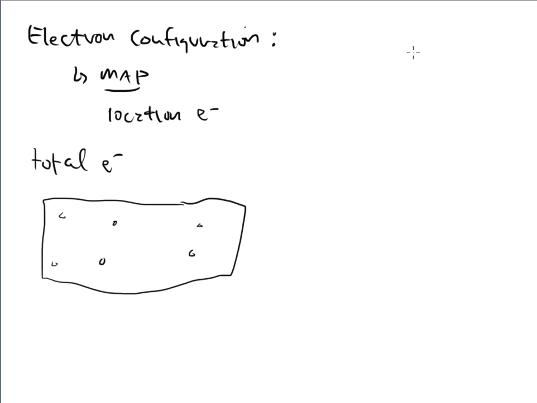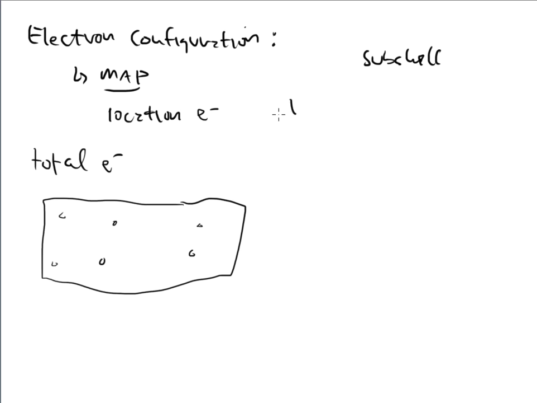One of those rules and regulations is something that we call a subshell. So what you are going to figure out with me is that I like to look at electron configuration maybe in a different way than some of your other instructors.